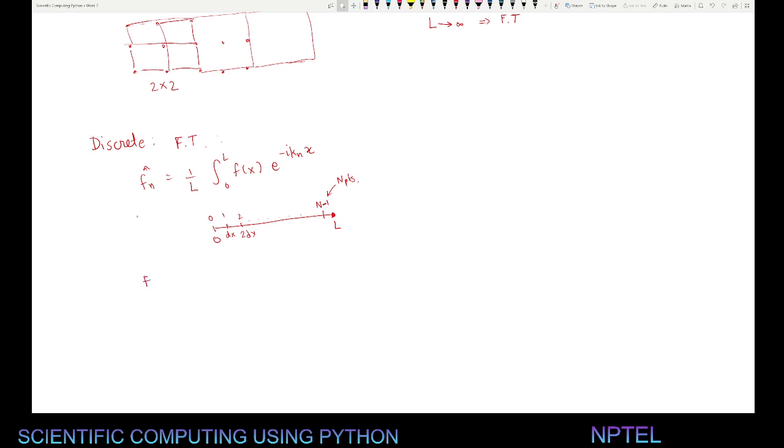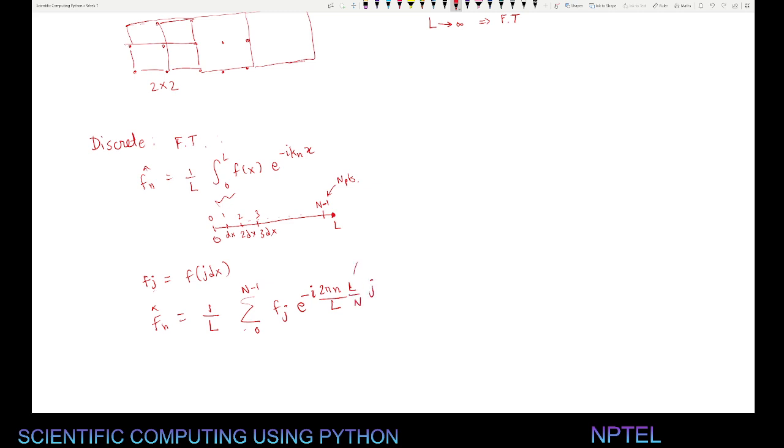So now we have fj, which is just f at j dx, correct? f0 is f of 0, f3 is f of 3 dx, etc. And then we can write fn hat equal to 1 by L. This integral becomes a summation from 0 to n minus 1 of fj e to the power minus i kn x, where kn was 2 pi n divided by L, and this x becomes L by n times j.